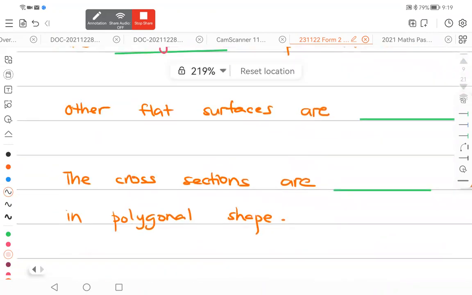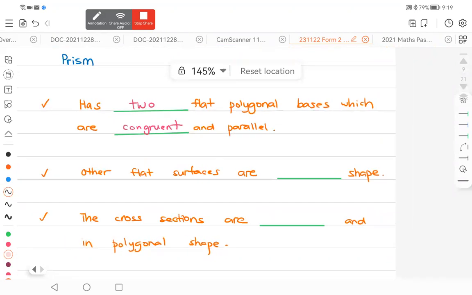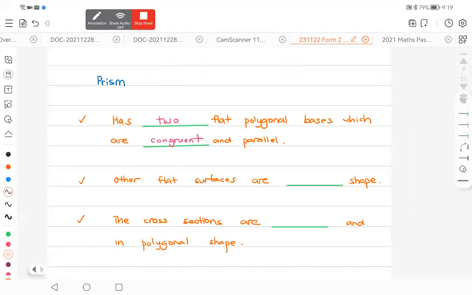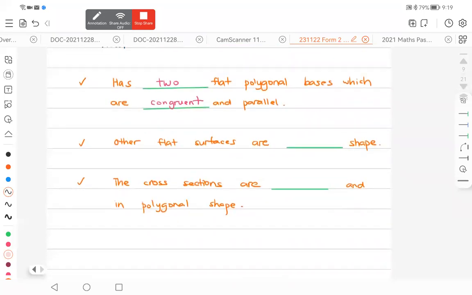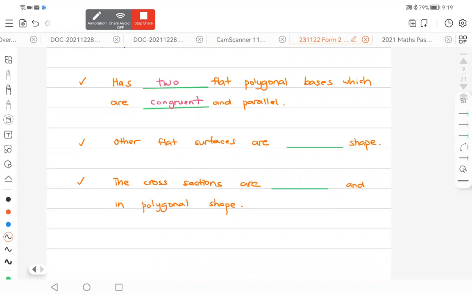So other flat surfaces are quadrilateral shape. If you look carefully, it's quadrilateral. Cylinder is out because a cylinder has a curved face. That's why a cylinder is not a prism. Got me? So I write here, quadrilateral shape.